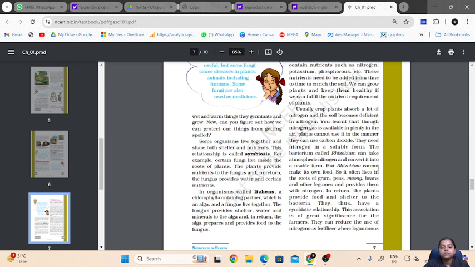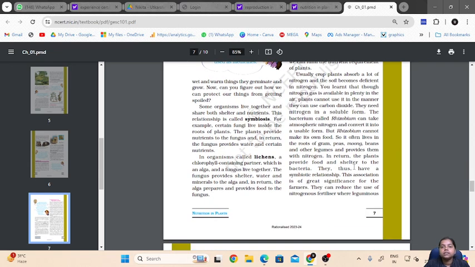They convert it into soluble form and release it into the soil. After that the plants can take up this nitrogen and absorb it, correct. So those bacteria are the rhizobium.